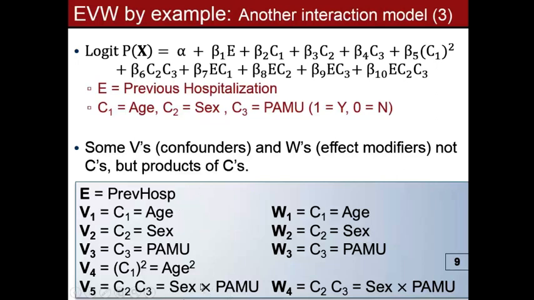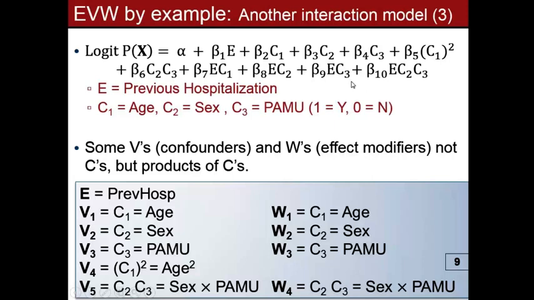If there are other interactions that don't involve the exposure, those might be important and real and true, but they're still technically confounding control variables, in the sense that you are dealing with this phenomenon so that you can better understand the exposure-disease relationship. So even though it's a product, an interaction term, it's still a V. And so we call that V5.